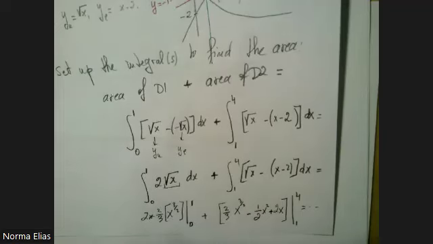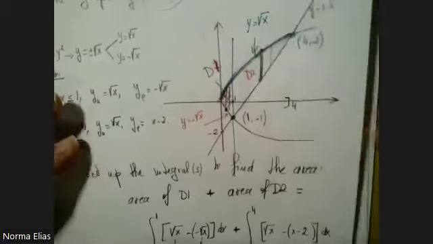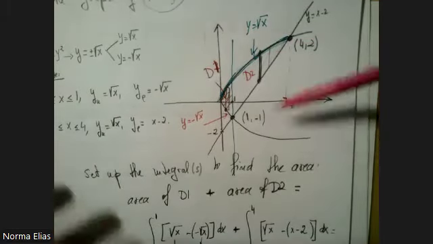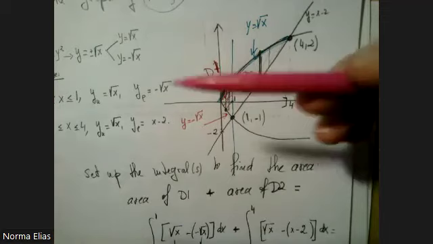Whenever we have a region, we have to be critical of the region and see what's really going on. Questions before I proceed? All right. Sometimes I have to split a region the way I did, and I have no choice.